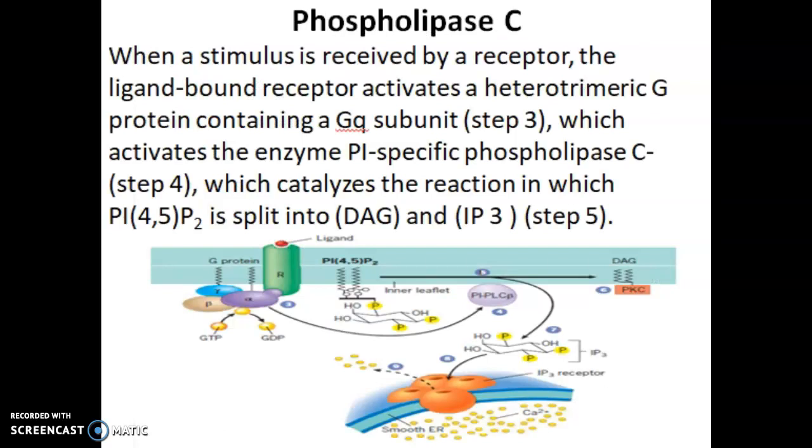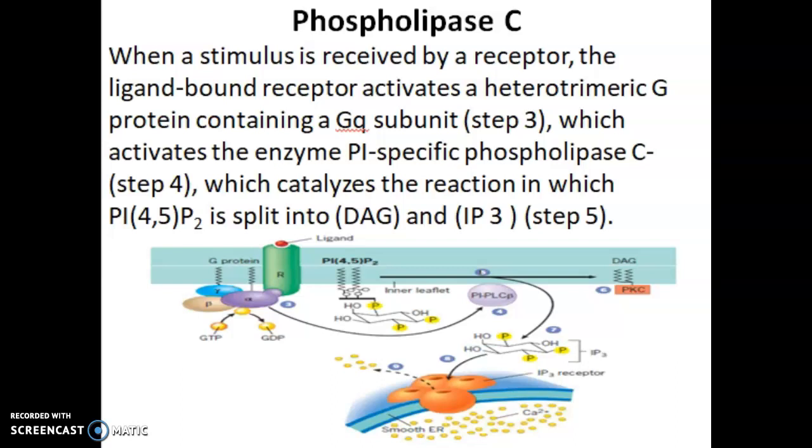Phospholipase C: the generation of second messengers as a result of ligand-induced breakdown of phosphoinositides (PI) in the lipid bilayer. In steps 1 and 2, phosphate groups are added by lipid kinases to phosphatidylinositol to form PIP2.